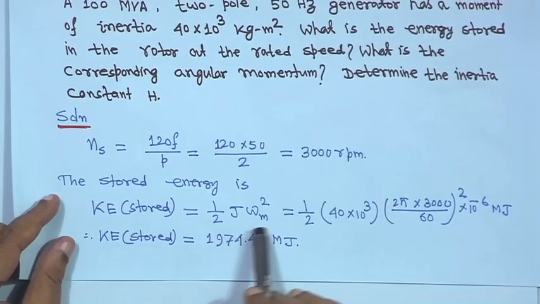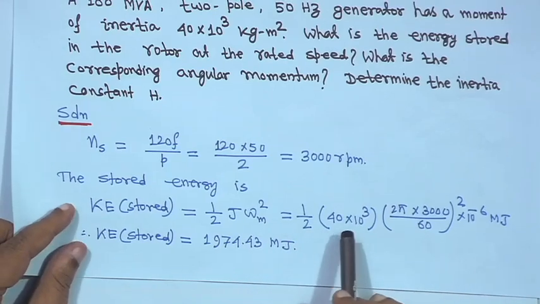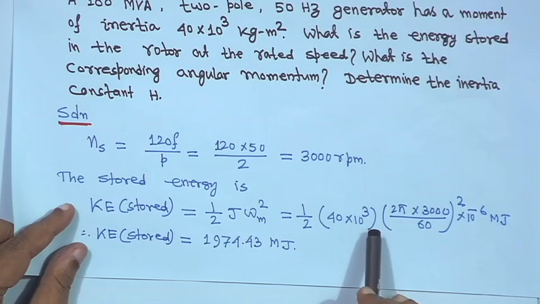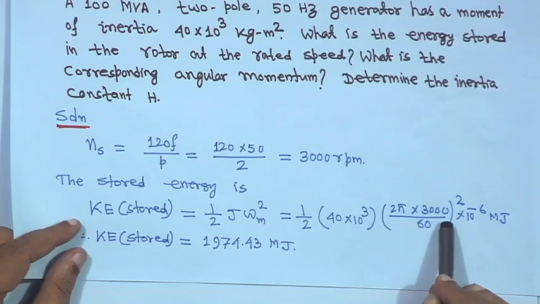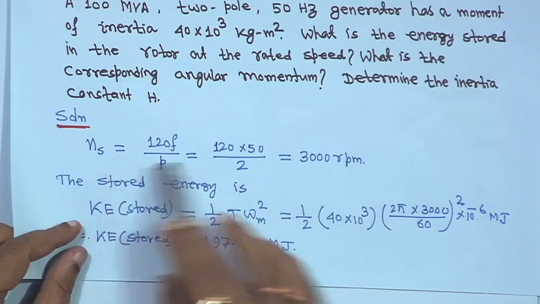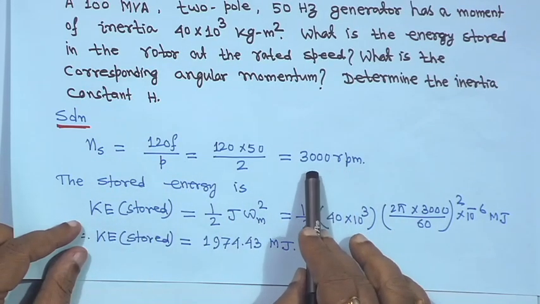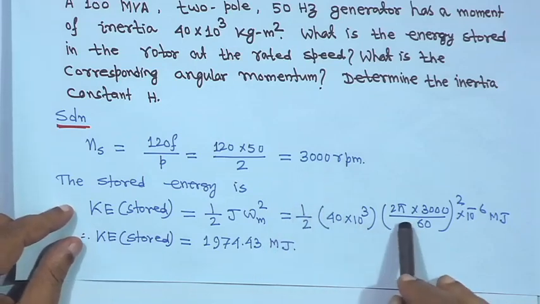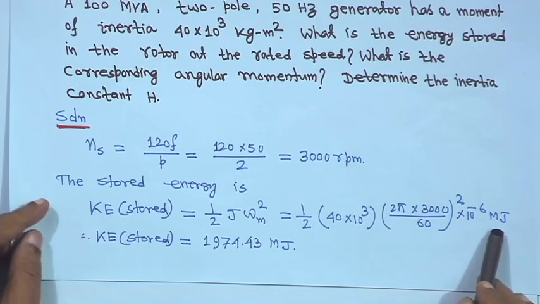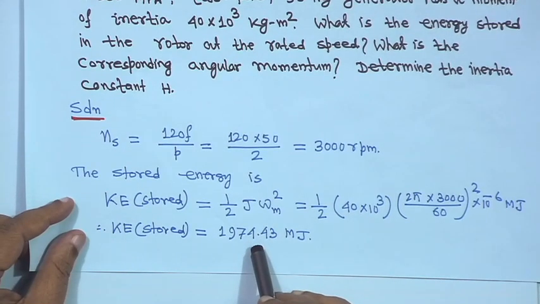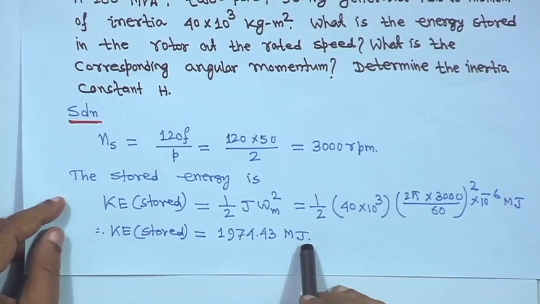Therefore, kinetic energy is half J omega square. So, half into J, 40 into 10 to the power 3, and omega is 2 pi into 3000 by 60, which is rps. So, 2 pi into 3000 by 60, whole square, into 10 to the power minus 6 megajoule. That comes to 1974.43 megajoule.